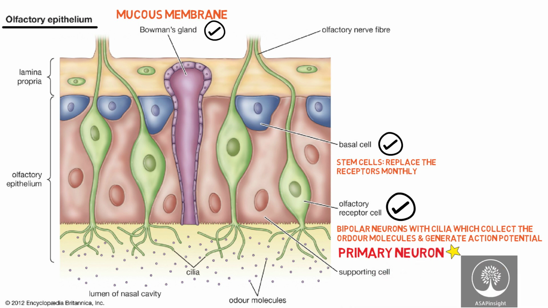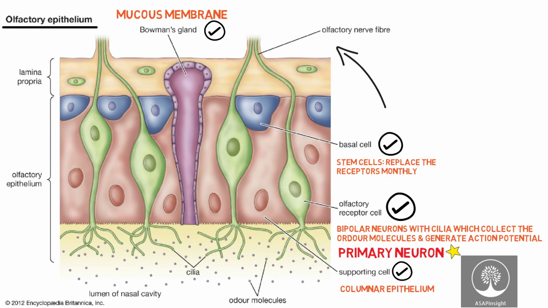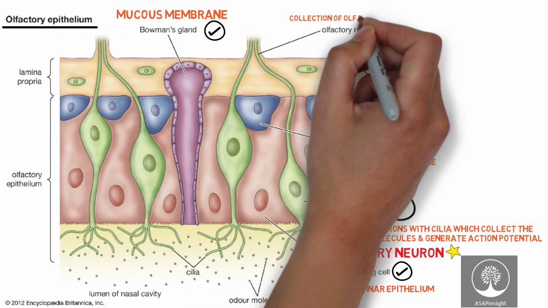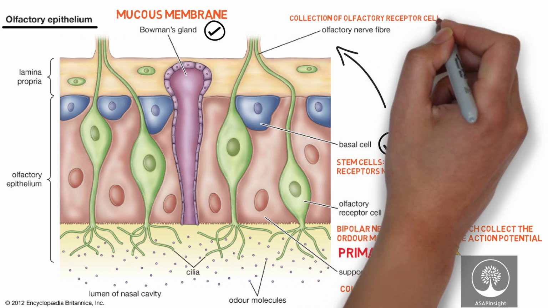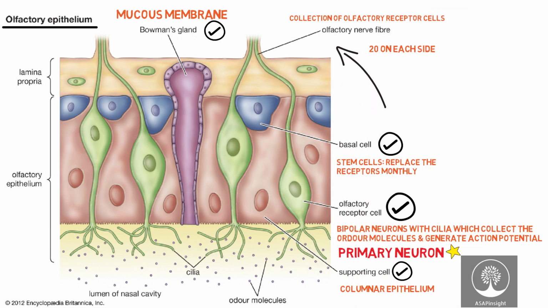Apart from these cells, there are other supporting cells, which form the framework of the olfactory epithelium. These are made up of columnar epithelium. As we move up, we see that the axons of olfactory nerves come together to form the olfactory nerve fibers. These olfactory nerve fibers are 20 in number on each side.